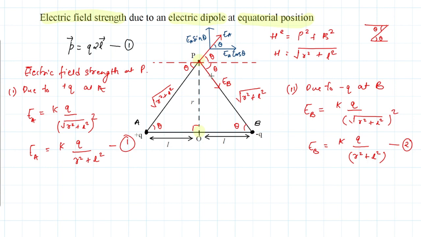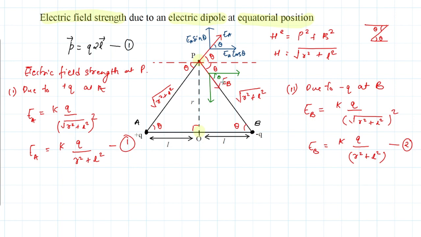Now similarly, let's do it with EB also. Here you see EB can also be resolved into its two components. This will be one component in this direction, and the other component will be in the downwards direction. Since this angle is theta, this angle will also be theta.